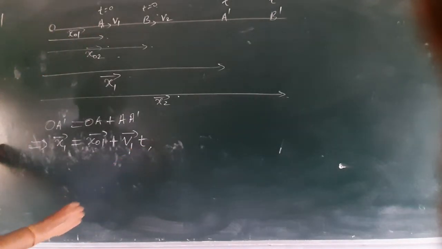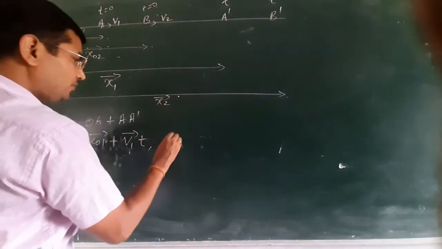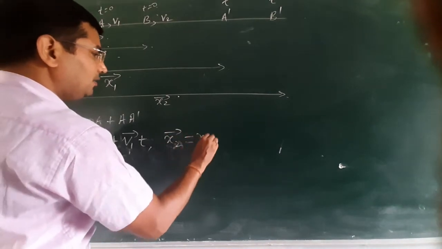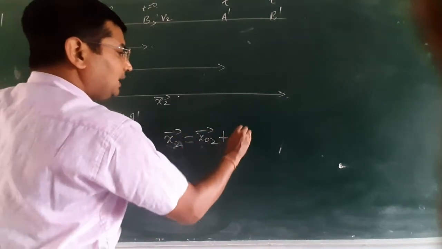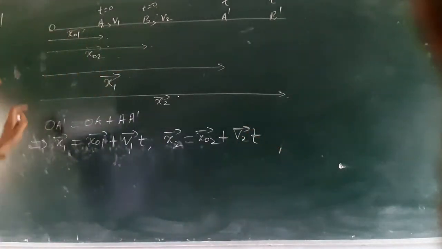Similarly, x2 is equal to x02 plus v2 into t.